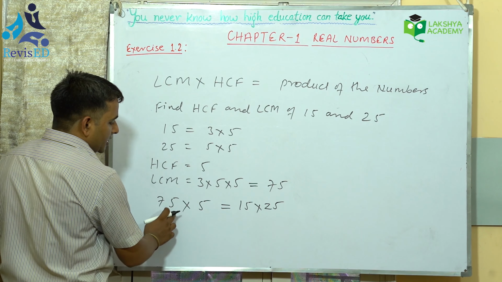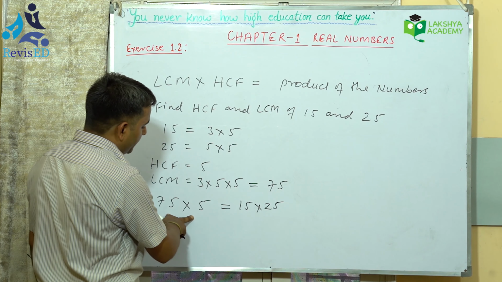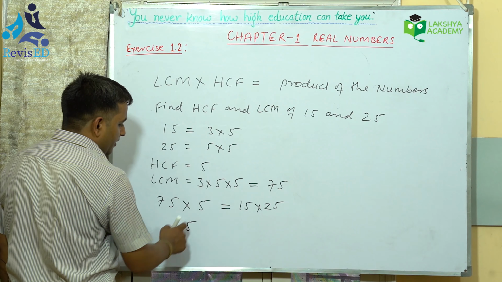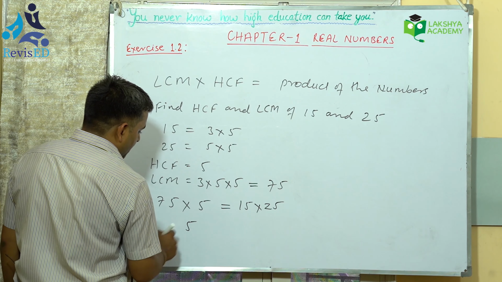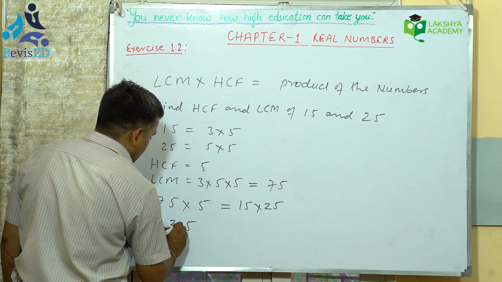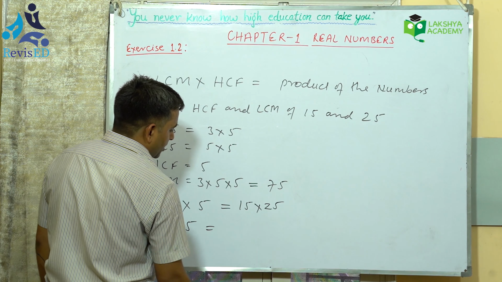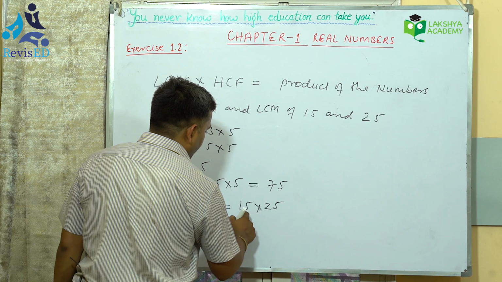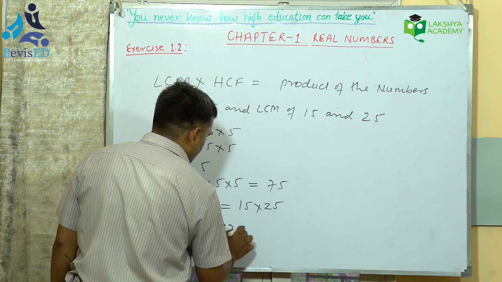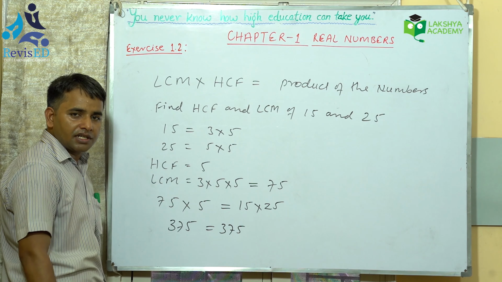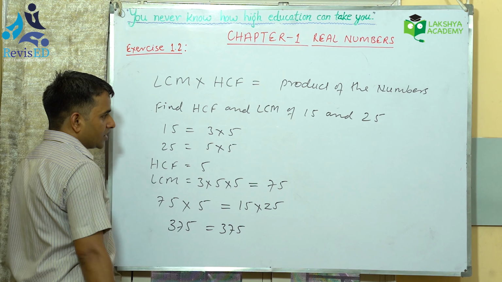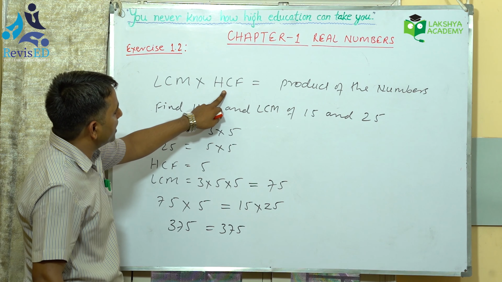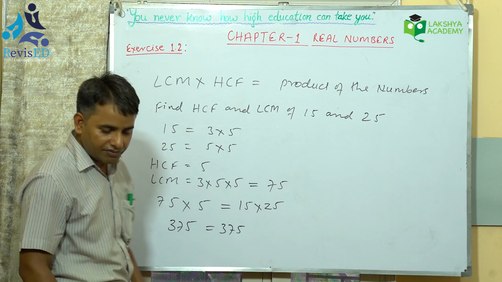Now we simplify and check whether the left hand side equals the right hand side. 5 fives are 25, carry 2, 5 sevens are 35 and 2, 37. On the other side, 15 into 25 also gives 375. Both sides are equal, 375 and 375. So this verifies that the product of LCM and HCF is equal to the product of the numbers.